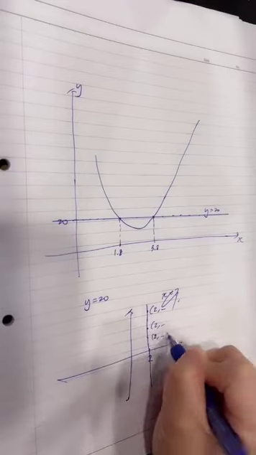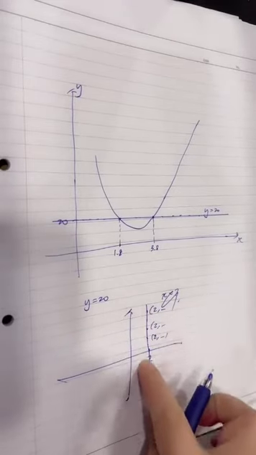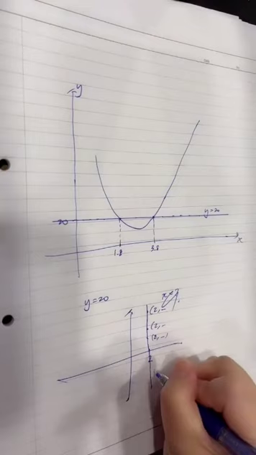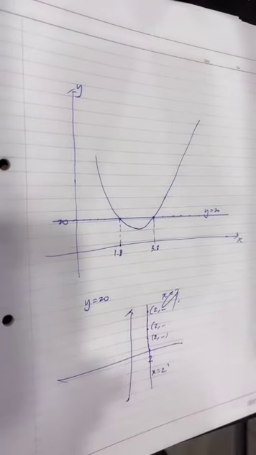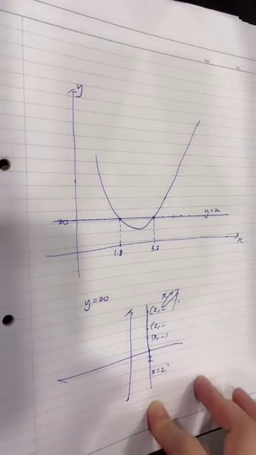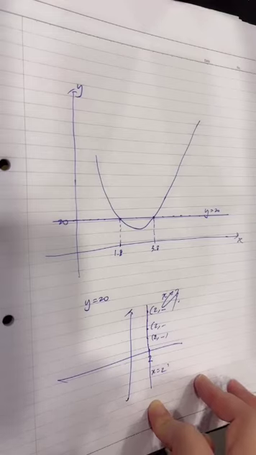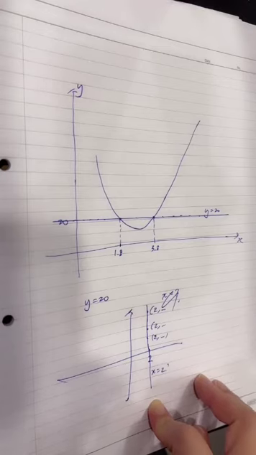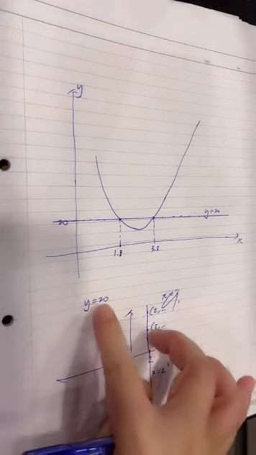The x is not changing. That is why a vertical line equation is x equals 2. Remember just now we drew the quadratic graph, then drew the line of symmetry, and the answer is x equals 3. So a vertical line is x equals something, and a horizontal line is y equals something.